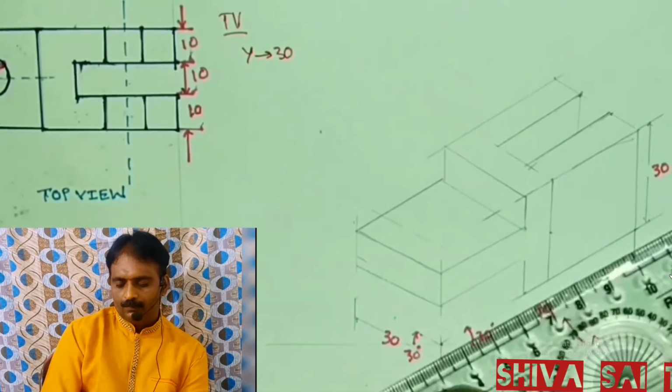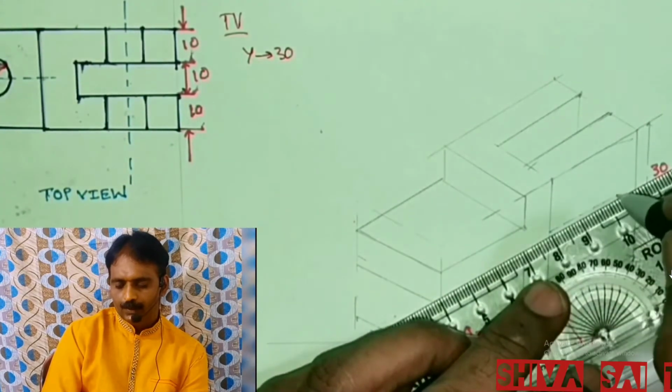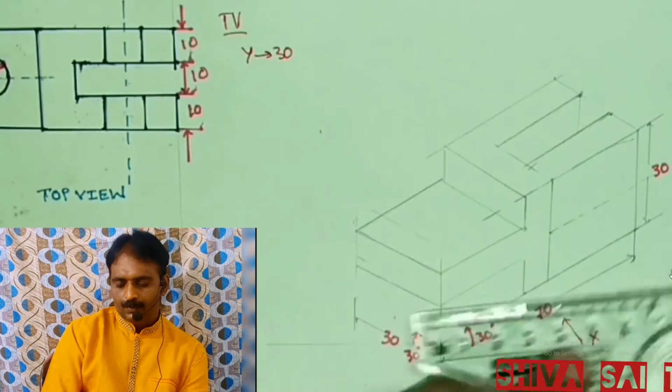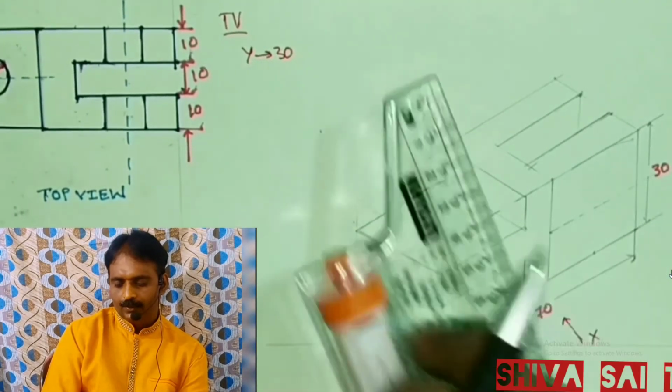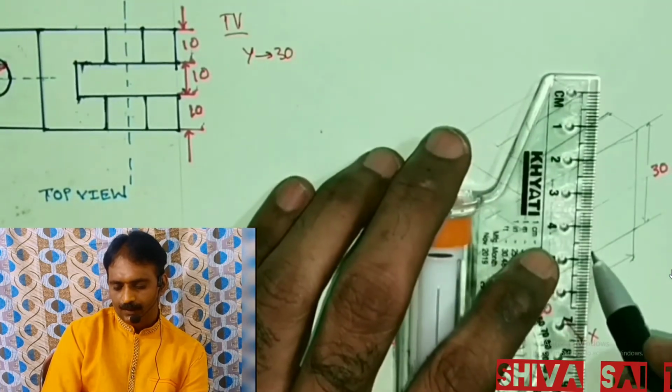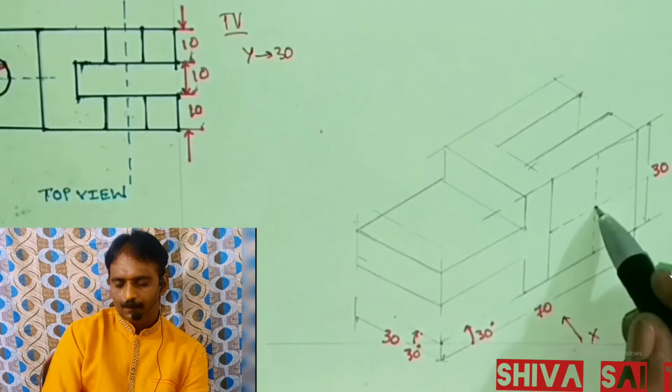So let us draw the semicircle and circular hole in the front view for the front portion of the solid. Let us locate the center first. It is located at the midpoint of this particular side.